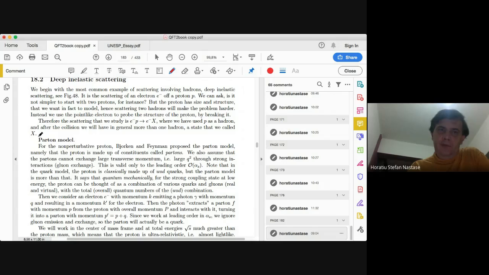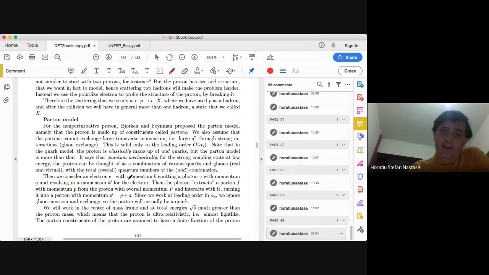So it's important to realize that parton does not mean the up down quarks. It means various combinations of quarks and gluons, real and virtual. But of course, they have to have the overall quantum numbers of up down quarks.